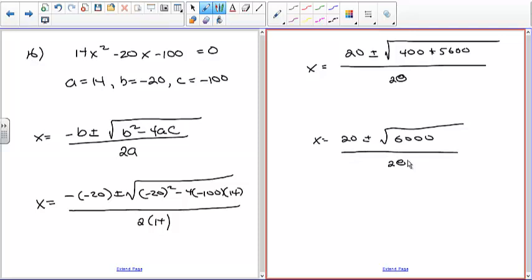Now, what we can do is see what's a common factor here amongst these. Well, 4 is one, so I can divide both of these by 4. So what I'm looking for is 6,000 divisible by 16, because I want to get the square root of 16, so I can use that. So if we take 6,000 and divide by 16, we get 375.